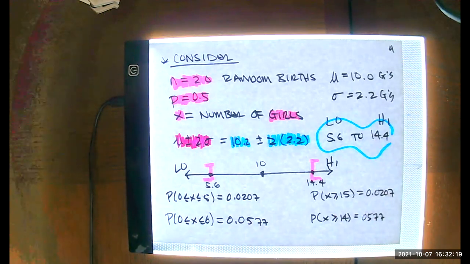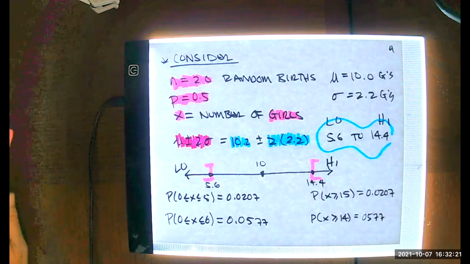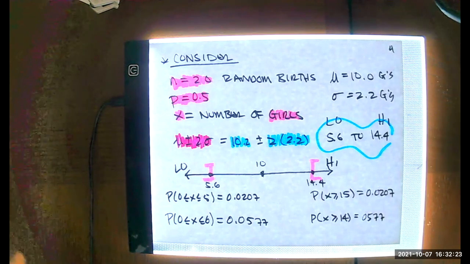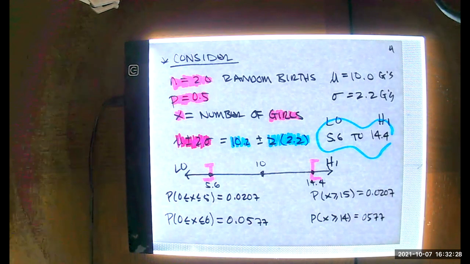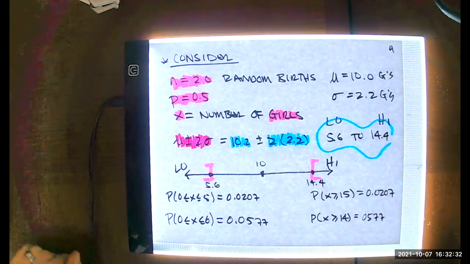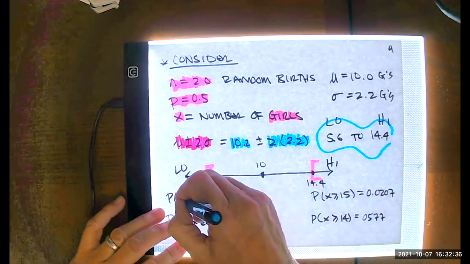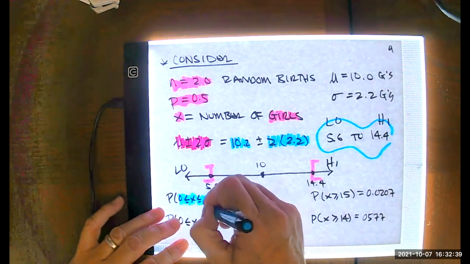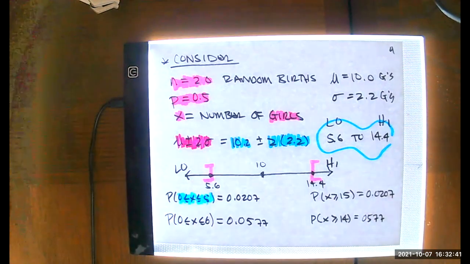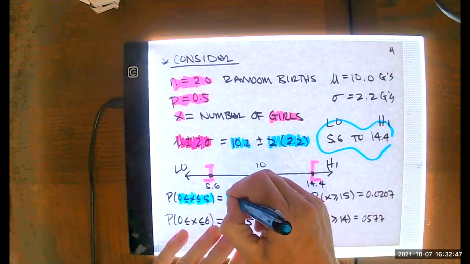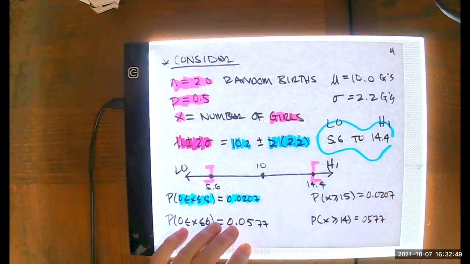Now, I'm going to jump over to my calculator in just a moment to run through the keystrokes, but I'm pointing out something here. The probability of at most 5 births, I'm going to run that calculation on my calculator. It should come out to something like 0.0207 with rounding.